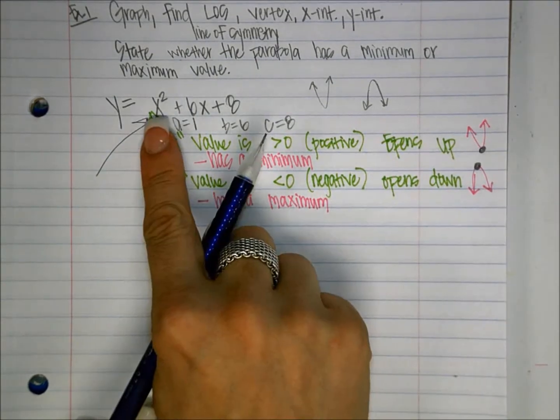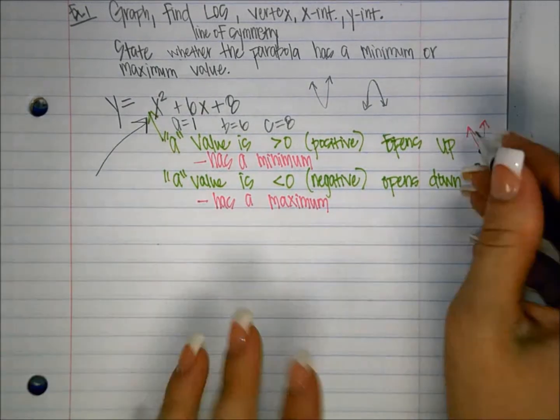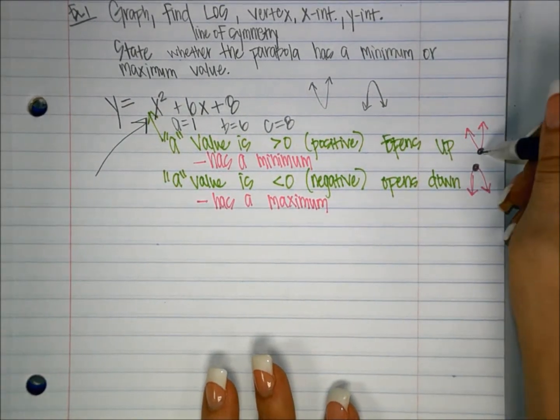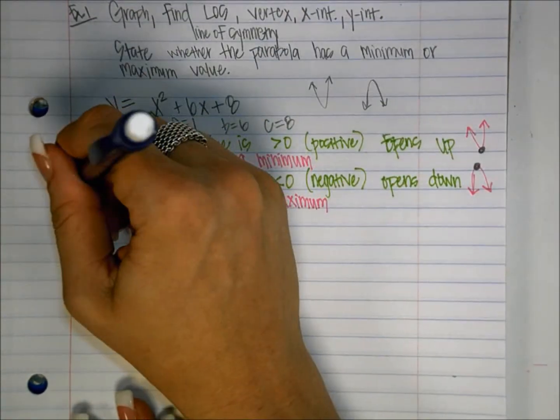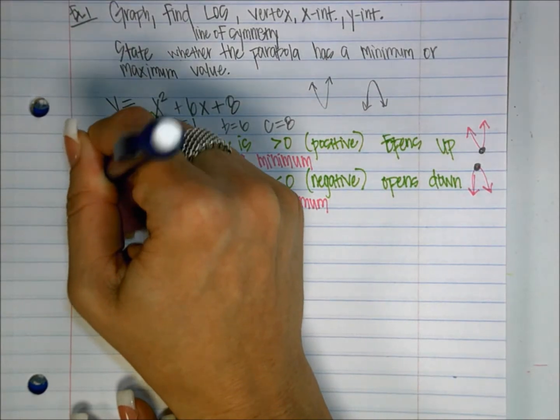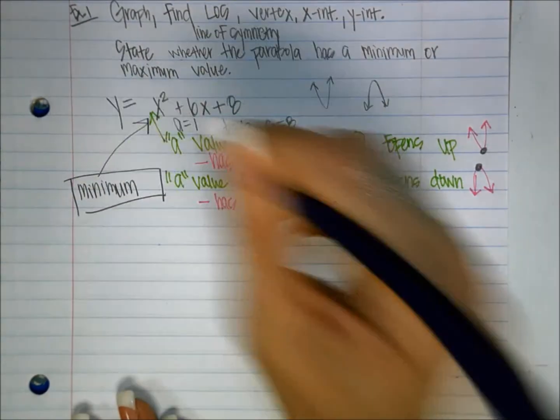Let's look at it. It's positive, so that means it's facing up. If it's opening upwards, it looks like this. So is this a minimum or a maximum value? Minimum, that is the lowest it goes. So this one has a minimum value.